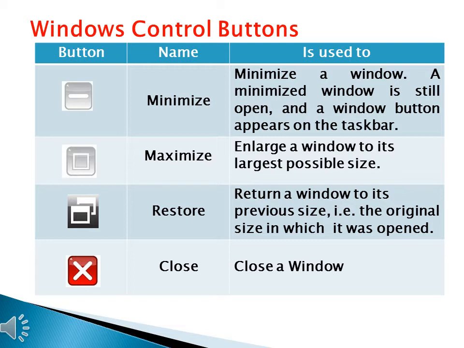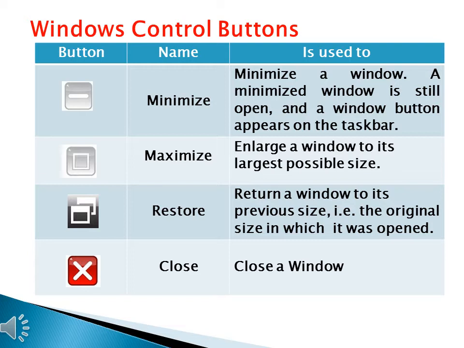Restore means to return a window to its previous size. That means before maximize, whatever the original size was, if to the same size we want to reduce our application or our folder window, then we have to click on restore. This window will be resized to its original size in which it was opened.